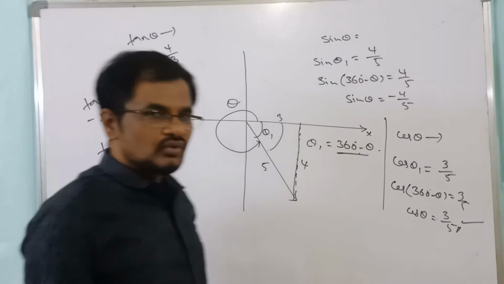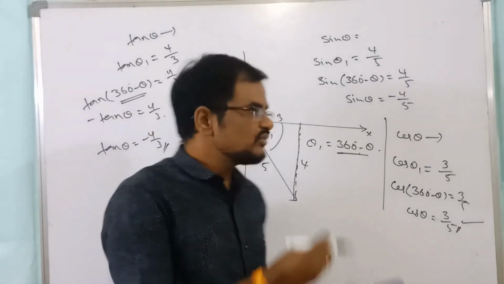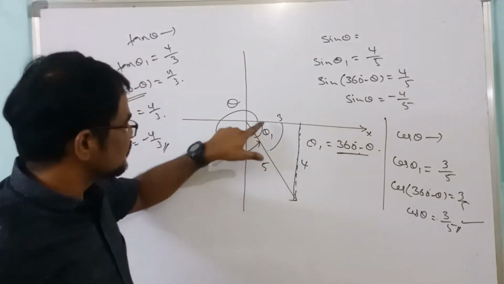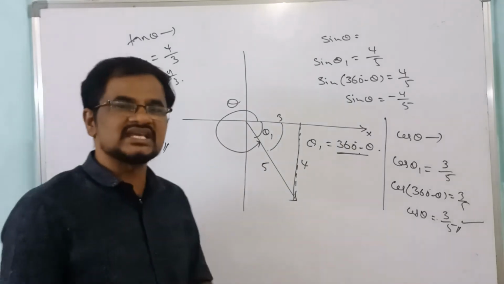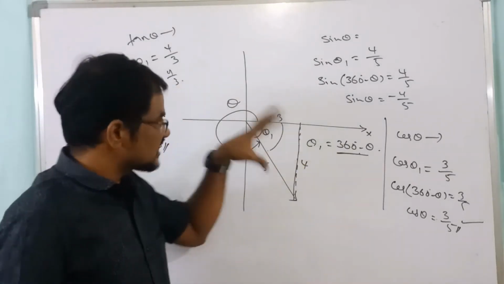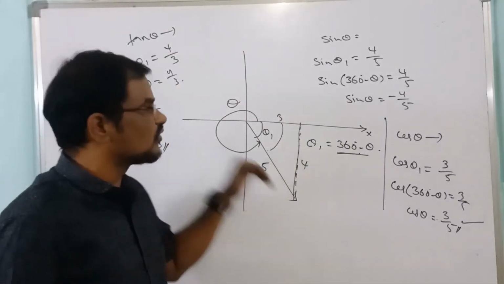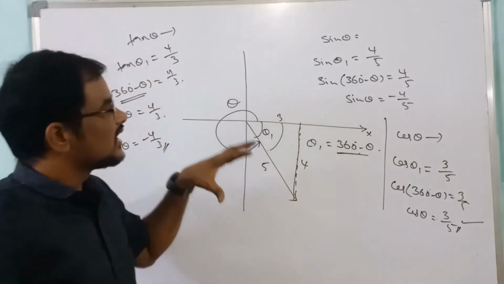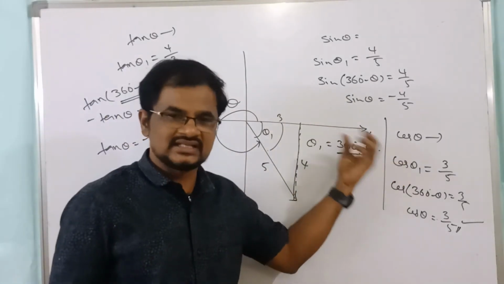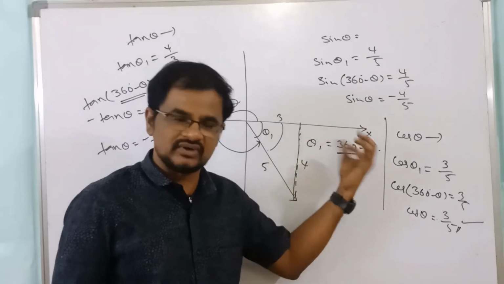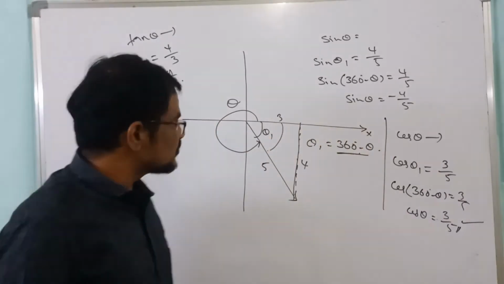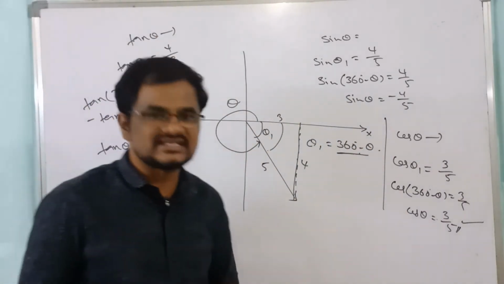So that is the original concept: when theta lies in the first, second, third or fourth quadrant, how to find the trigonometric values, either sin, cos, tan, cot, whatever it may be. So what is the usage of the reference angle? See some examples on reference angle.